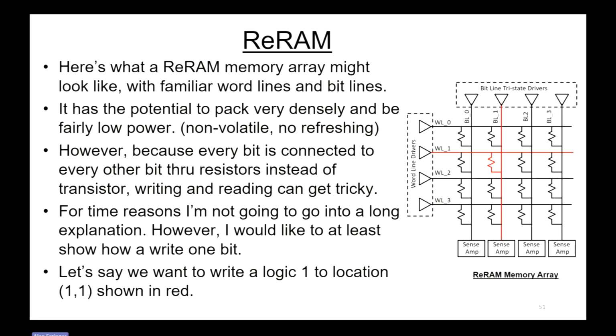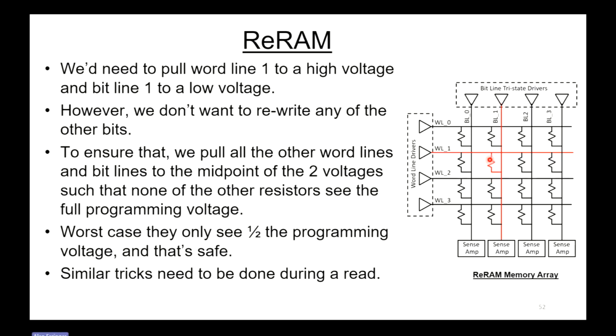However, I would like to show at least how to write one bit. Let's say we want to write this bit in red, at logic location 1, 1. So we need to pull the word line high, and we need to pull the bit line low to get enough voltage across this resistor to force it into the state we want.